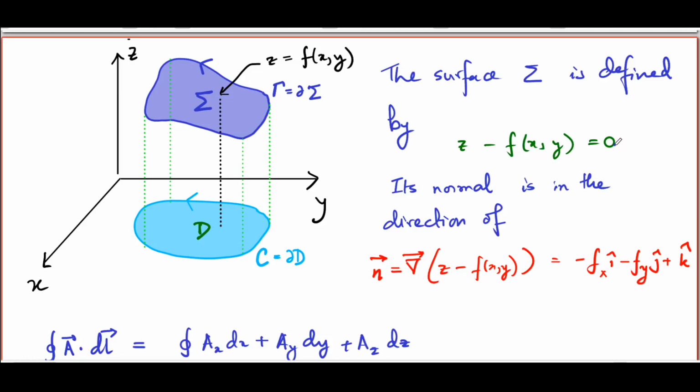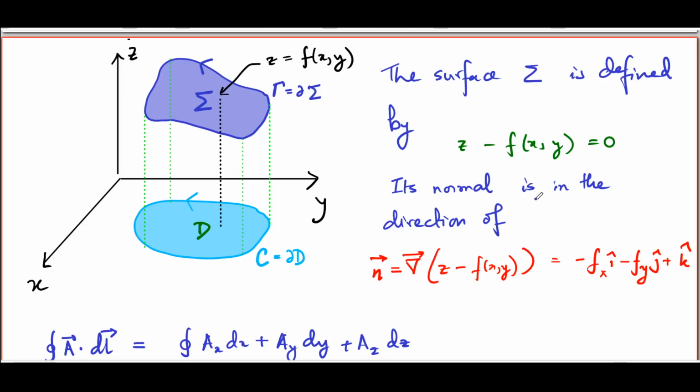Now because we are going to ultimately relate the line integral of A dot dl over the boundary gamma of this surface sigma to the surface integral of curl of A dot dS, one thing is very important. We need to figure out what the normal to this surface is so that we can figure out what dS vector is going to be.